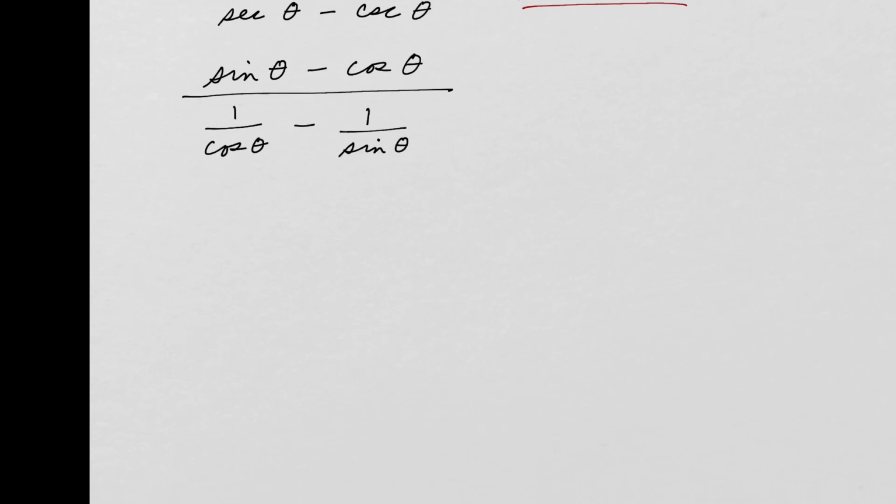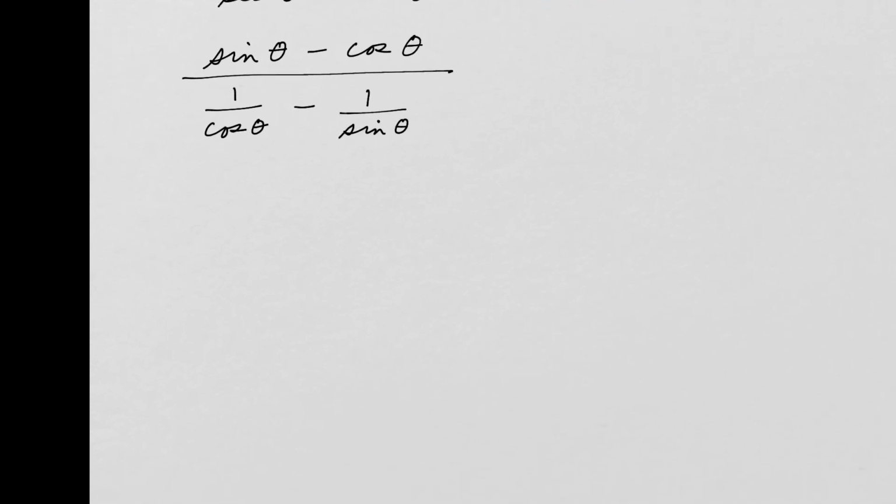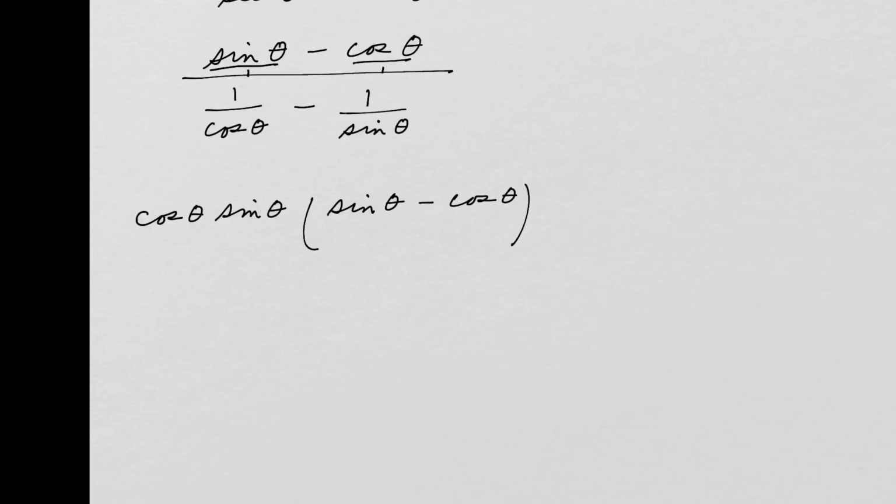I can simplify it by multiplying both the numerator and denominator by the lowest common denominator, which these are really just over 1, right? So it looks like cosine times sine is going to be my LCD. So I want to multiply the numerator by that, and I want to multiply the denominator by that.